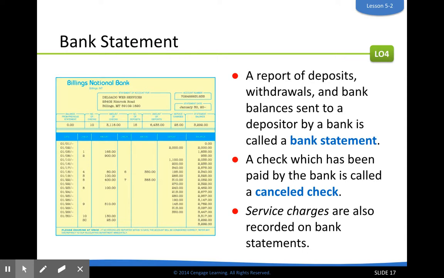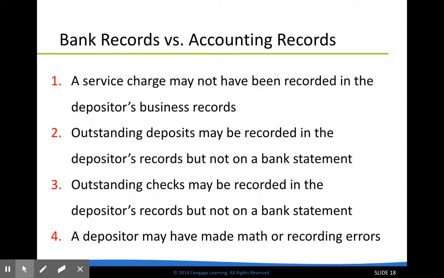Something else that is included on a bank statement is a service charge. So you might have a monthly service charge, maybe an annual service charge. The service charges could be for something like an ATM fee or any other type of fee that your bank might charge. But you also learn of these service charges on your bank statement.